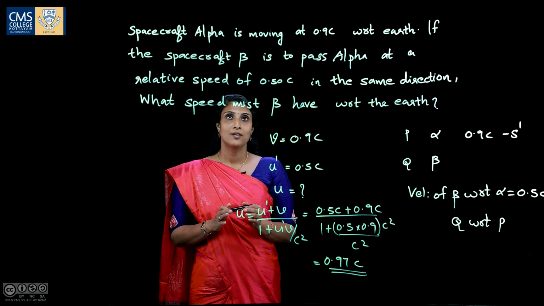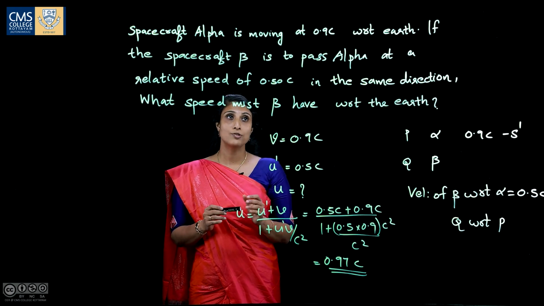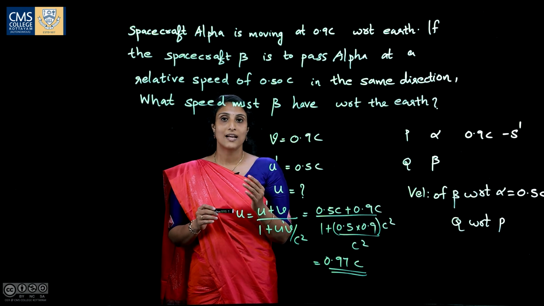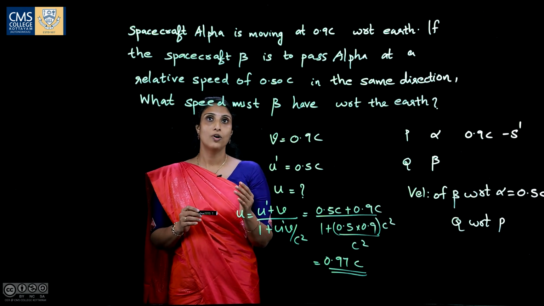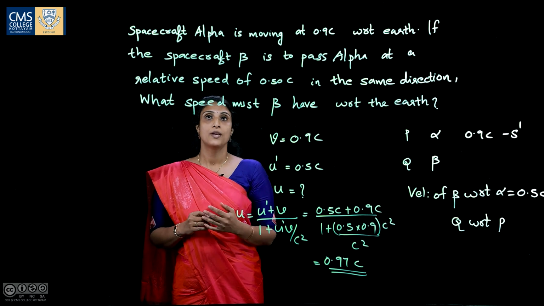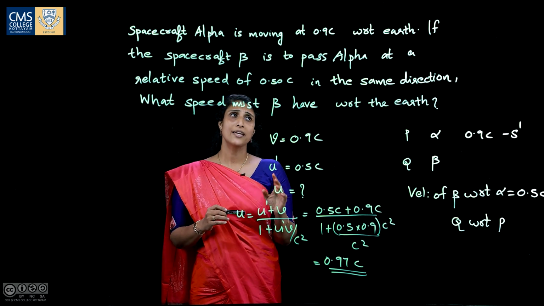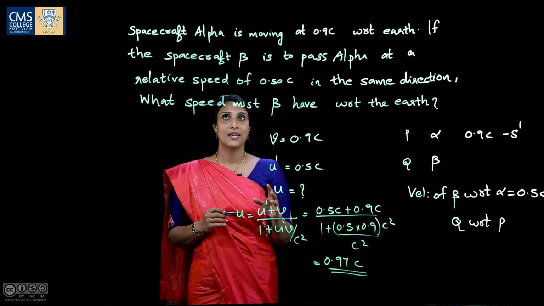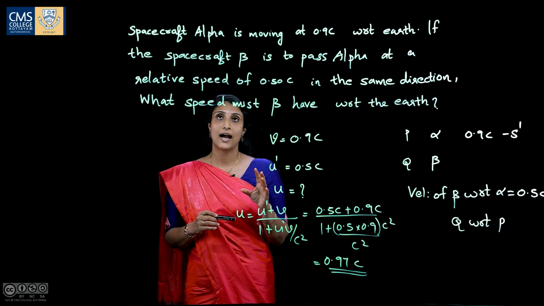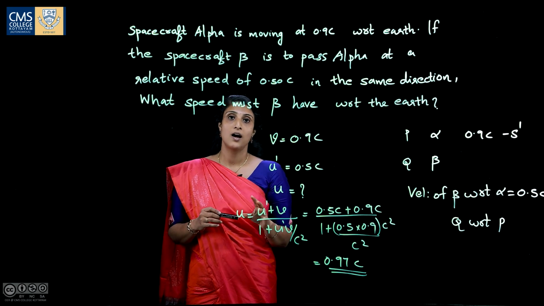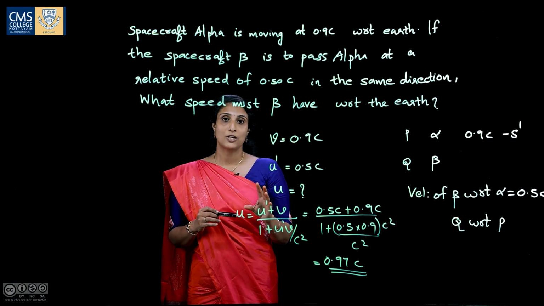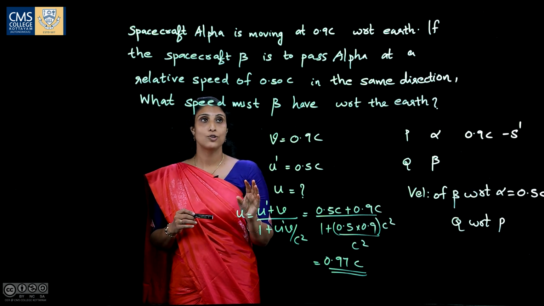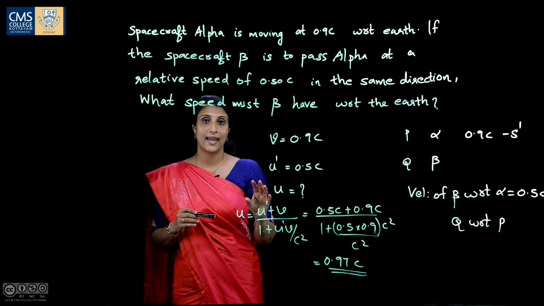So, on looking into the problem, we have to identify whether the spacecraft alpha is the S frame or whether the spacecraft beta is the S frame. From the problem it is clear that Earth is the inertial frame S and the spacecraft alpha and the spacecraft beta are moving with respect to Earth, and the velocity of spacecraft alpha with respect to the Earth is given as 0.9 c.